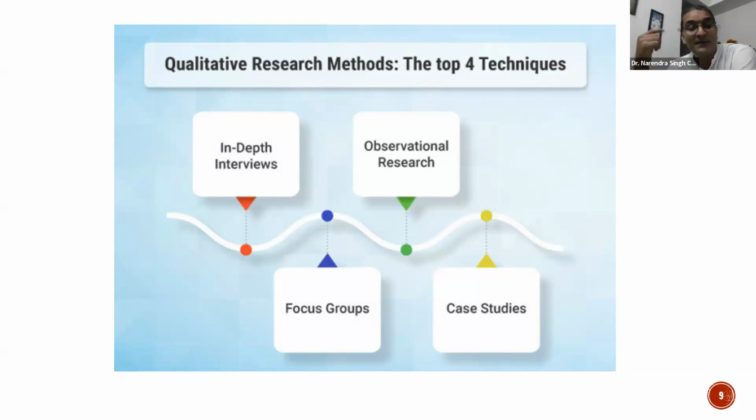Case studies could be a person, an organization, or an event, right? These are largely the top four techniques we use in qualitative research. When we go for thematic analysis, observational research is somewhat not that easy, unless you are a very trained qualitative researcher. Then it works very well for you.